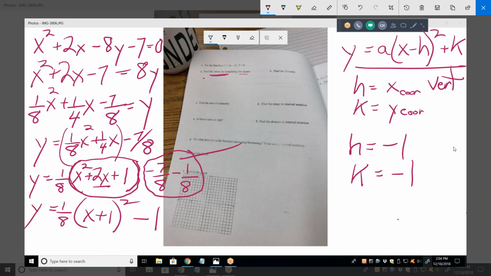Find the vertex by completing the square. H equals -1, K equals -1. And in case they're wondering, the equation is y equals 1/8 times x plus 1 squared minus 1. So that is the same equation they gave us.